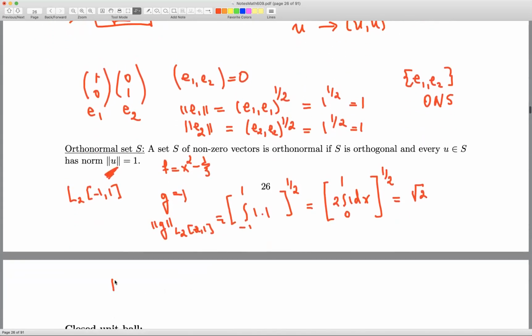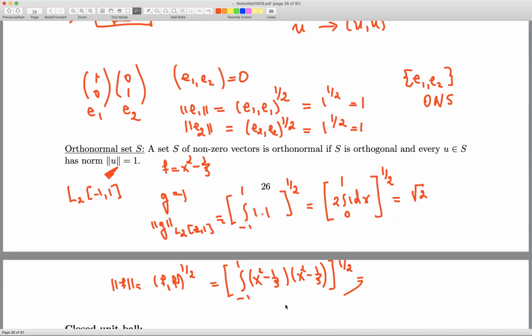The norm of f is the inner product of f with itself to the power 1/2. By the definition of the inner product in this space, this is the integral from -1 to 1 of (x squared minus 1/3) multiplied by (x squared minus 1/3), and this whole thing raised to the power 1/2.